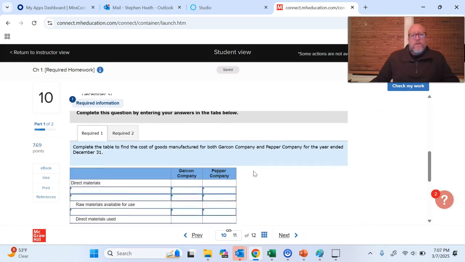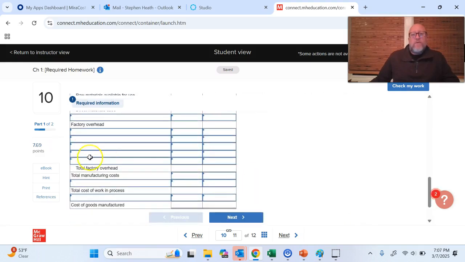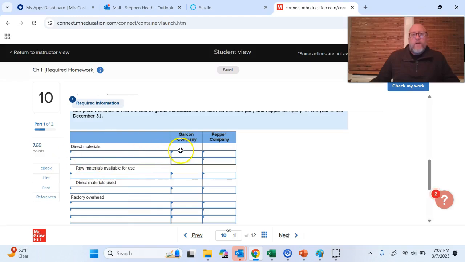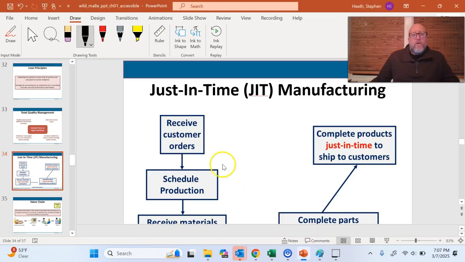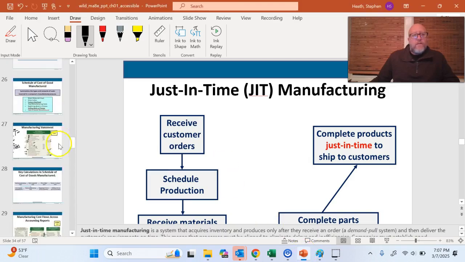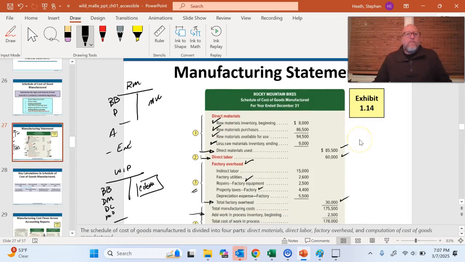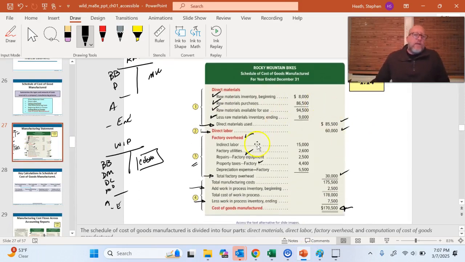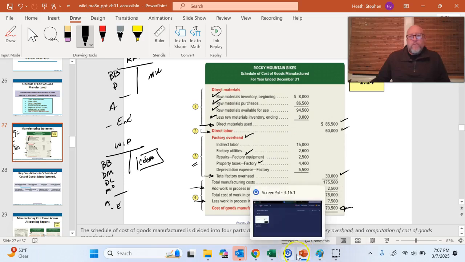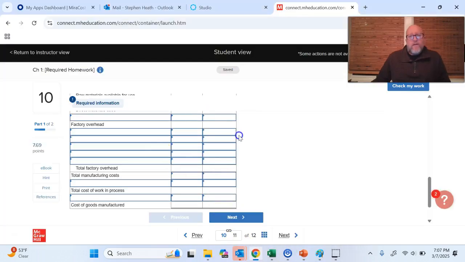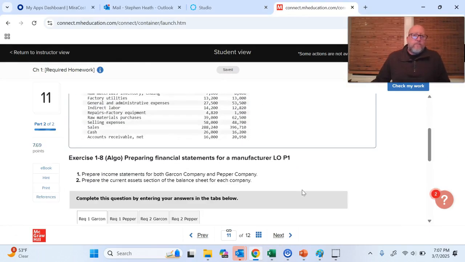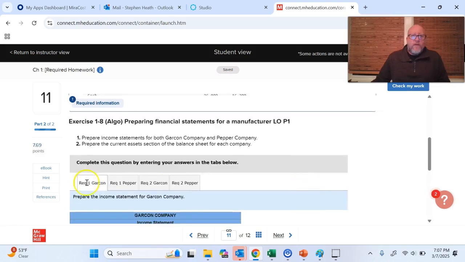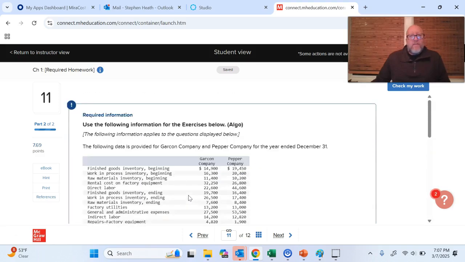Same goes with this. This is much more detailed. So this one is the full-fledged cost of goods manufactured, right? This is going to mirror pretty closely the PowerPoint slides, right? This particular PowerPoint slide is a really nice template for you to use when tackling question 10. And then this one is doing the same thing for various types of companies.